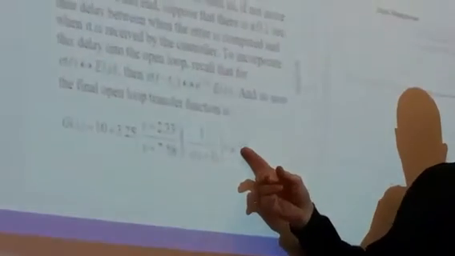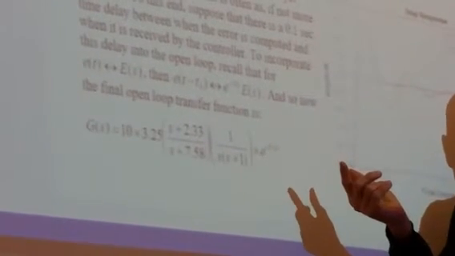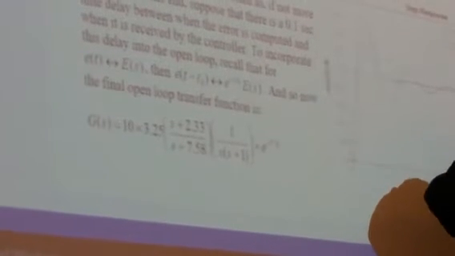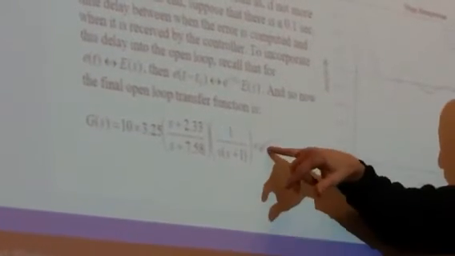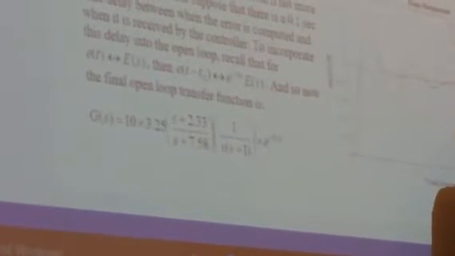So when we put i omega in here, e to the minus 0.1 i omega doesn't change the magnitude. The magnitude of this term is 1, isn't it? e to the i theta is 1. So it doesn't change the magnitude of the FRF of the plant at all. What it does is it drops the phase by 0.1 times omega. So if omega is really small, it doesn't drop it at all. As omega gets bigger, it drops it a lot.